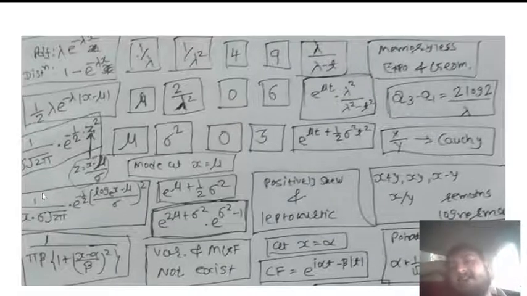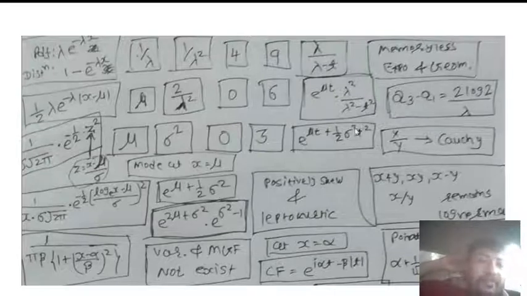Let me say it again. 1 upon x into sigma under root 2 pi into e raised to minus 1 half into log x minus mu upon sigma all raised to 2. Now the mean of the log normal distribution is e raised to mu plus 1 half sigma square.